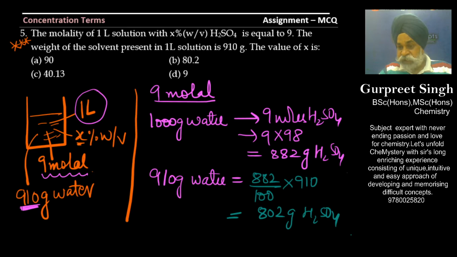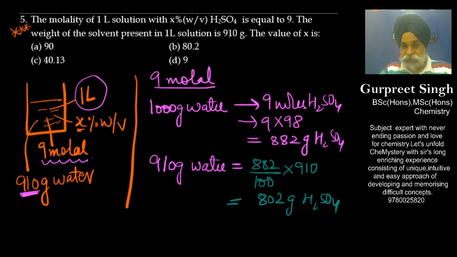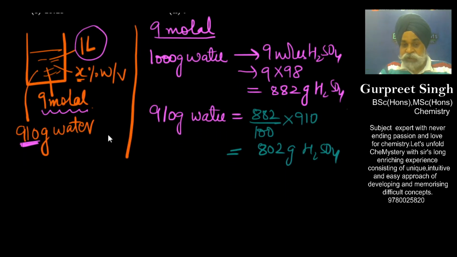So you would have this many grams of sulfuric acid in how much water? In 910 grams of water. Now this 910 gram of water is present in 1 liter of solution, and that 1 liter also contains this many grams of sulfuric acid.